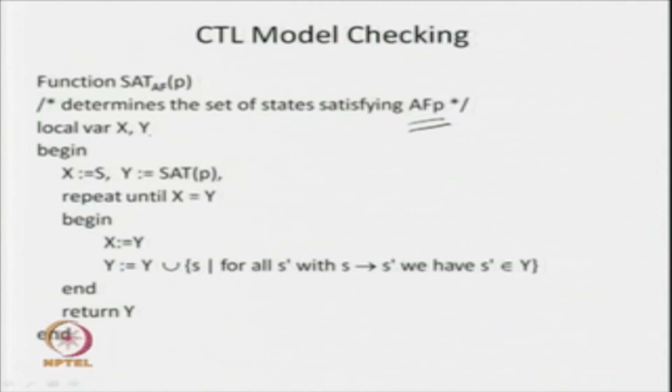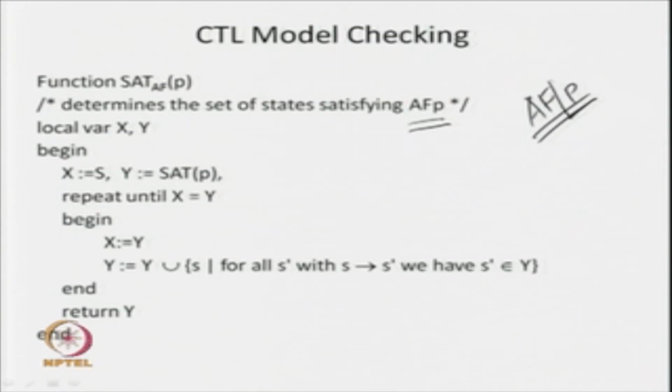Initially x is initialized to S, the complete state space. And y is the result of calling the satisfiability function with phi, which is a sub formula of the given formula.